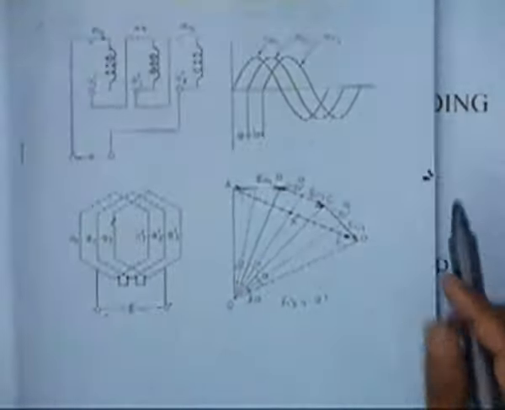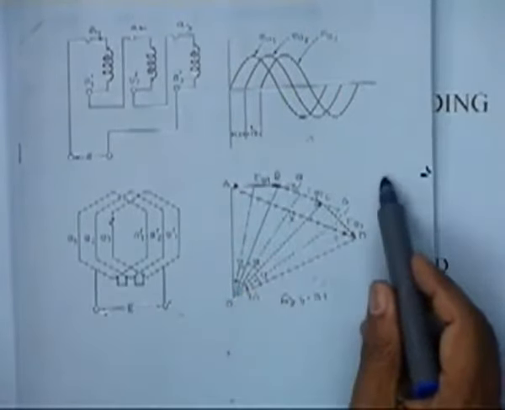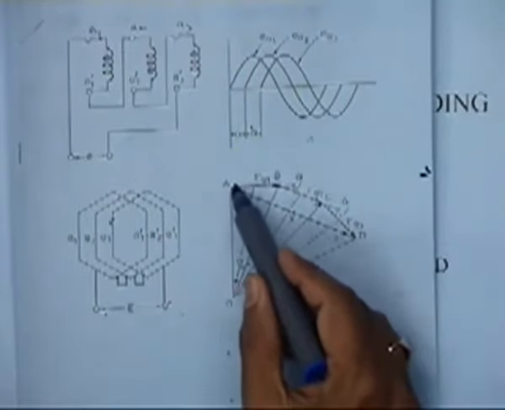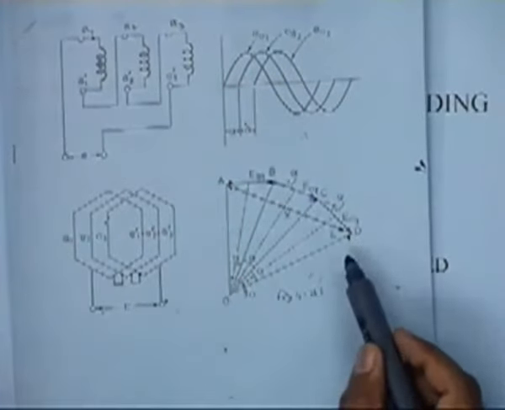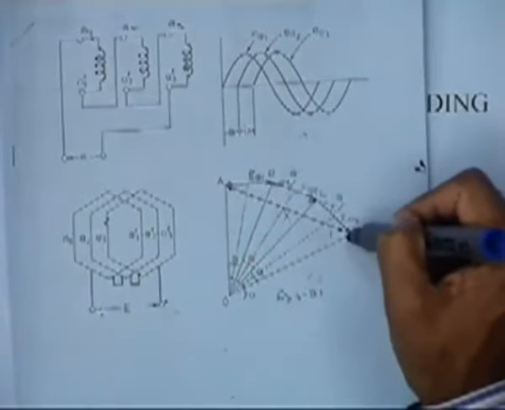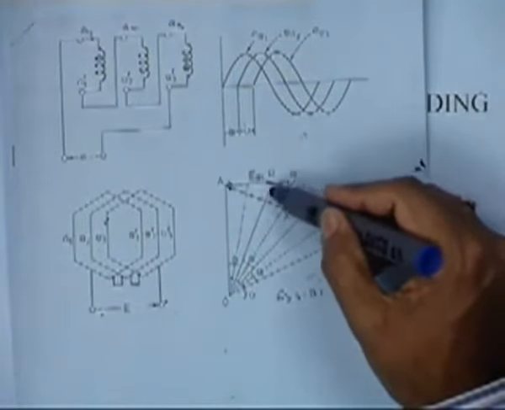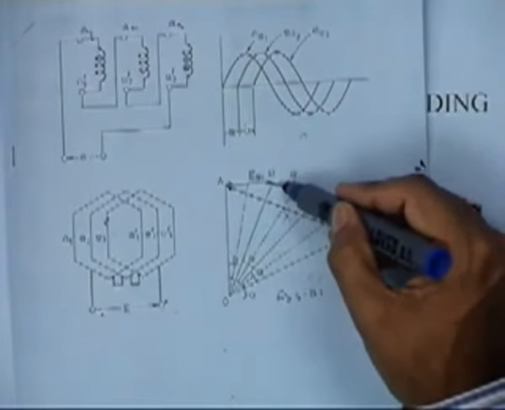So you will notice that if you put them all together, the total voltage would be thrice this value if they were in the same phase. Now the net voltage is AD here, and this AD will have some relation with the slot angle.